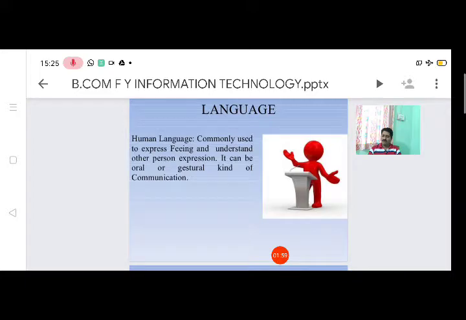As we know, computer only understands binary language, that is 0 and 1, to perform various operations, but languages are developed for different types of work. On a computer, language consists of all instructions to make a request to the system for processing a task.